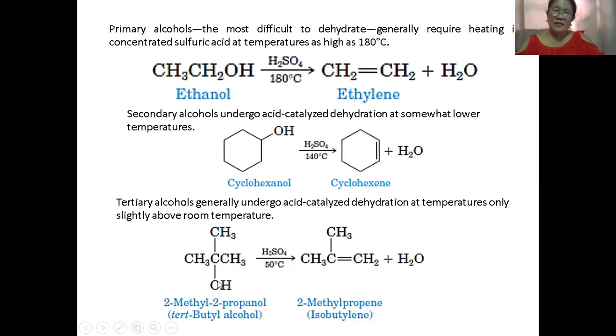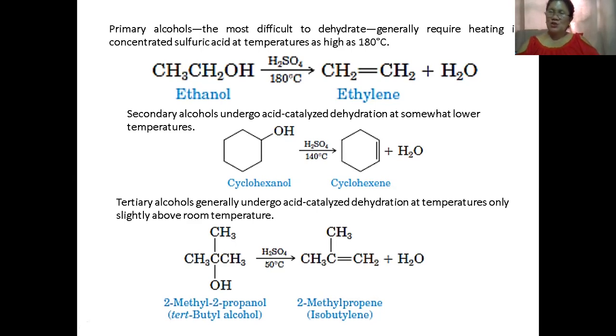The OH is removed, then one hydrogen from the adjacent carbons is removed to form H2O. Then this is converted into an alkene. Therefore, this is 2-methylpropene. That is for the tertiary.